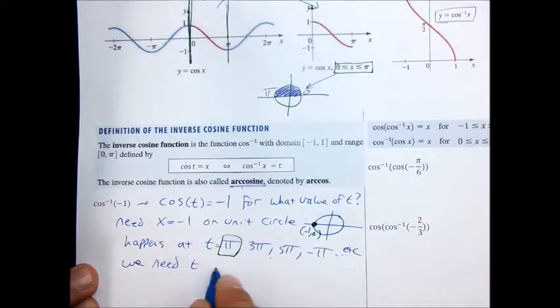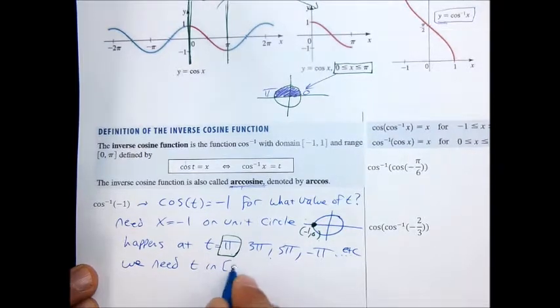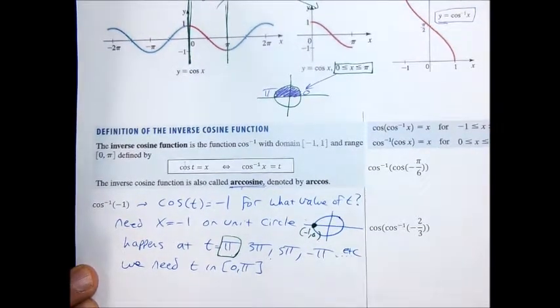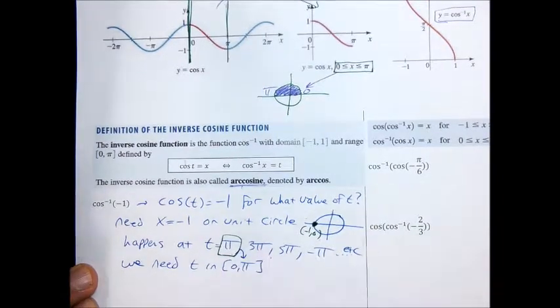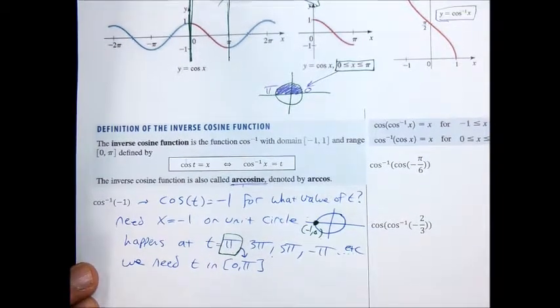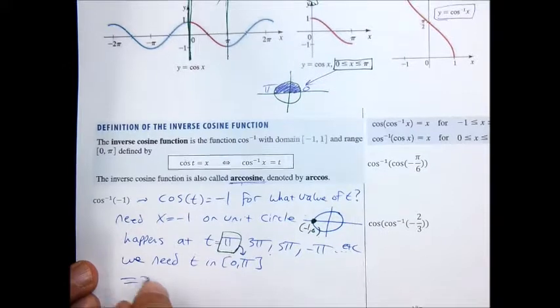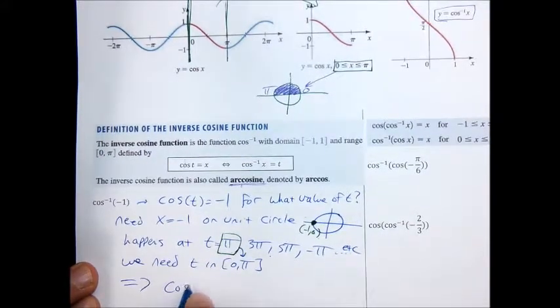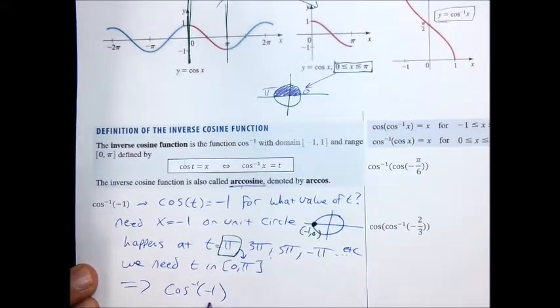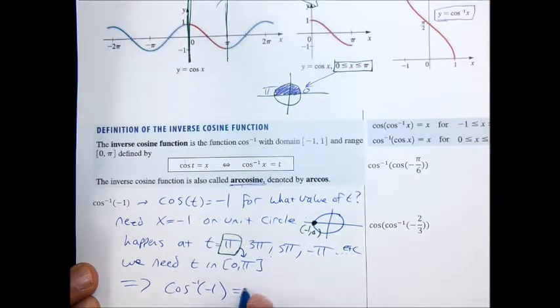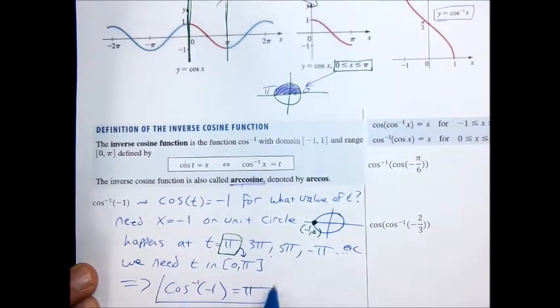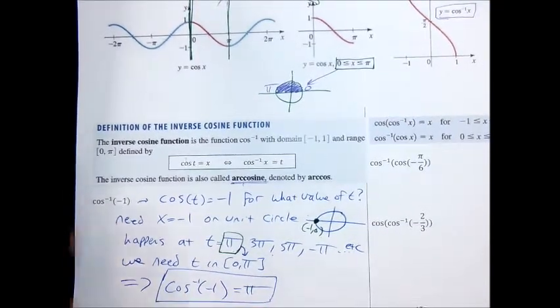We need t to be between 0 and pi. And so we choose this one, right? This is the one that's between 0 and pi. And so that's the answer. And so all this is so we can say, if we want to send negative 1 back to where it came from, plugging in pi. That's how we can think about that.